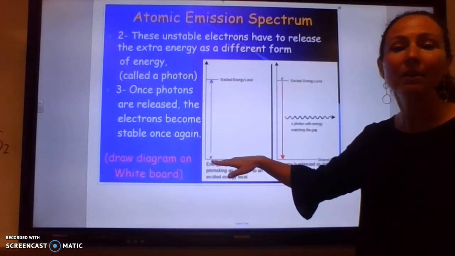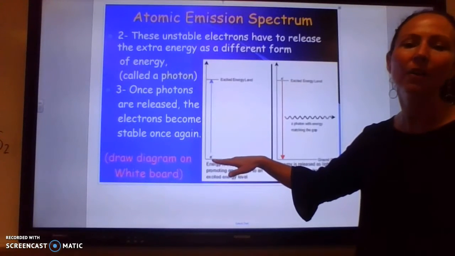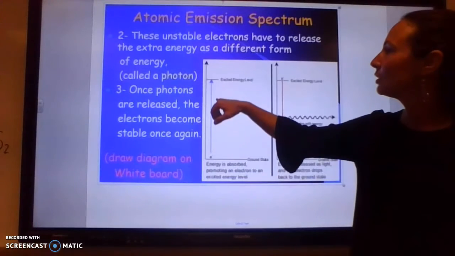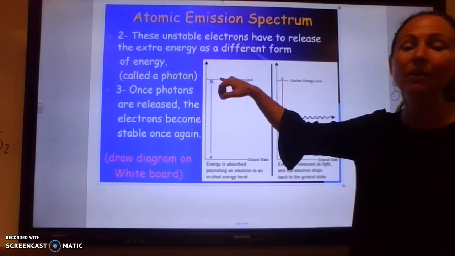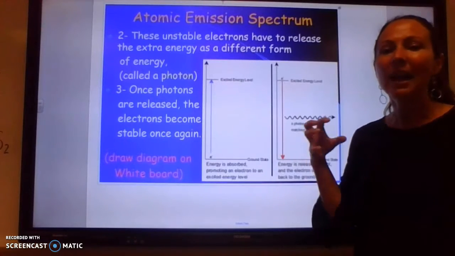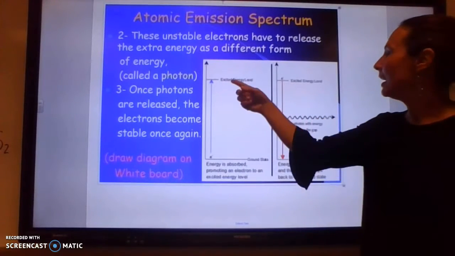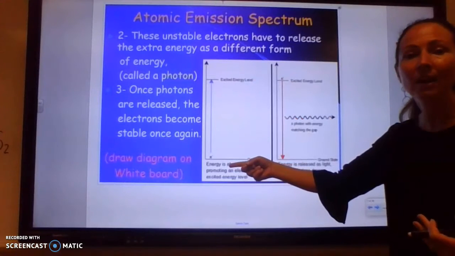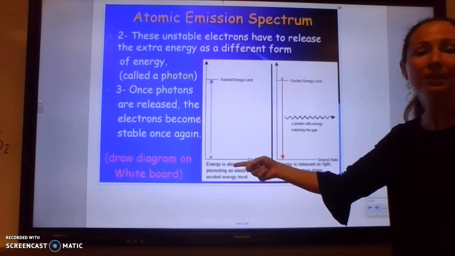Well, you give the atom energy. It can be in the form of fire or heat or something like that. And so you are going to make it go up to a higher energy level. Well, now it's in an excited state. It's not stable, has all that energy, okay? And then it has to become stable. It's got to go back down to ground state because nature favors stability.